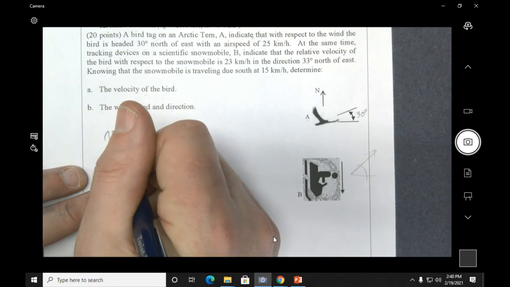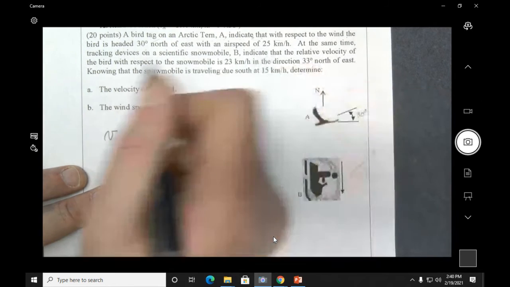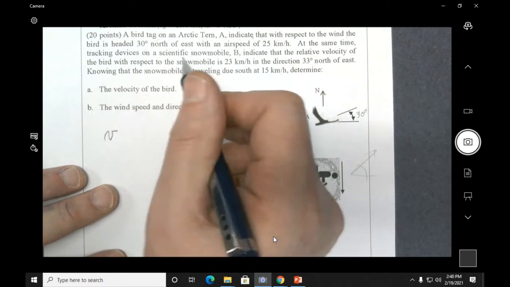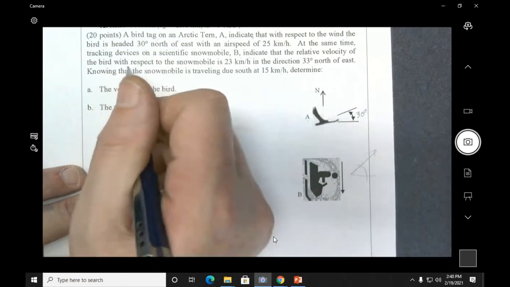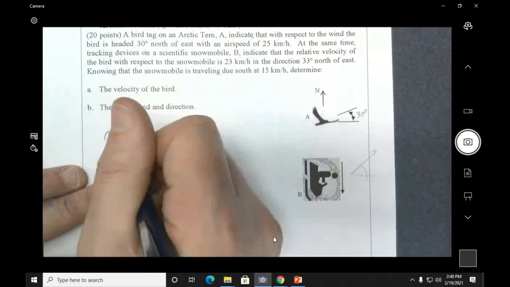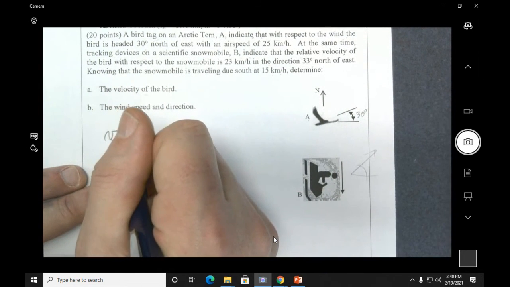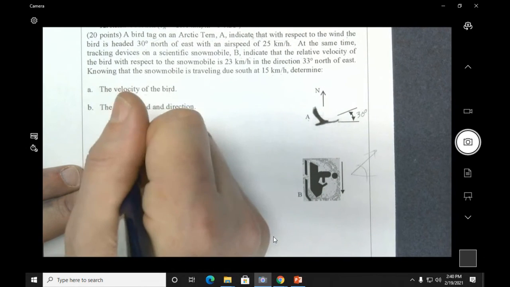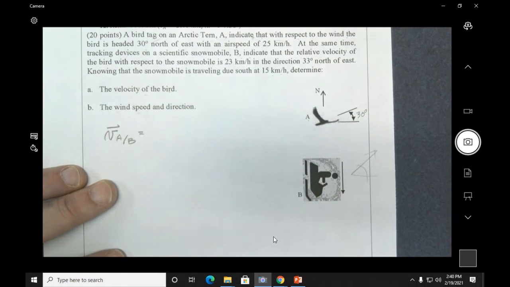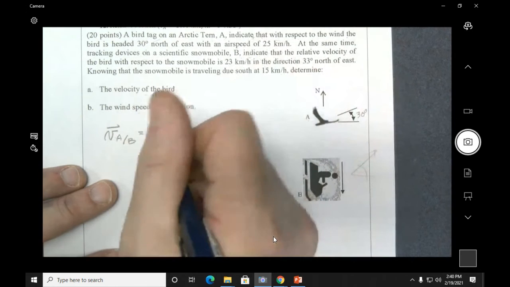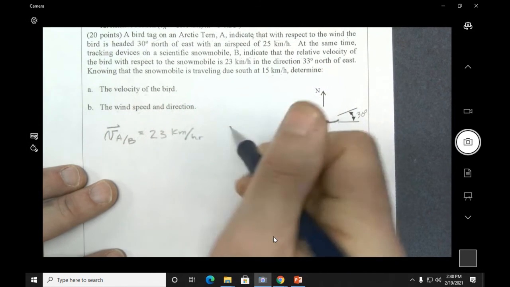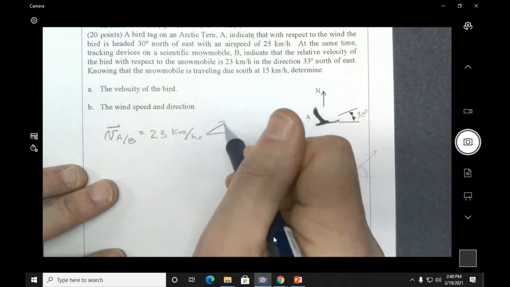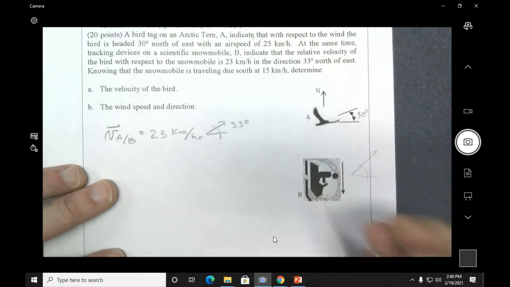All right, so at the same time, the tracking device indicates that the relative velocity of the bird with respect to the snowmobile, so this is the bird with respect to the snowmobile, is going to be 23, and we'll just keep everything in kilometers per hour, at 33 degrees.